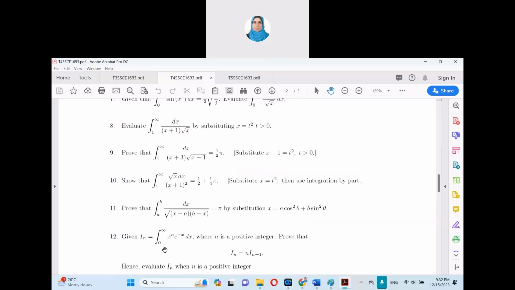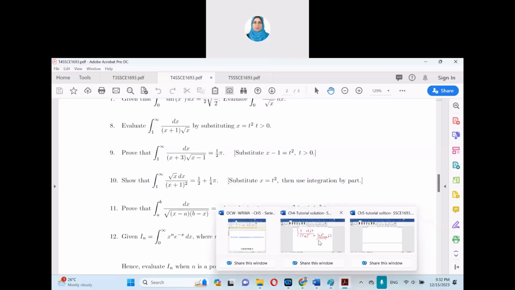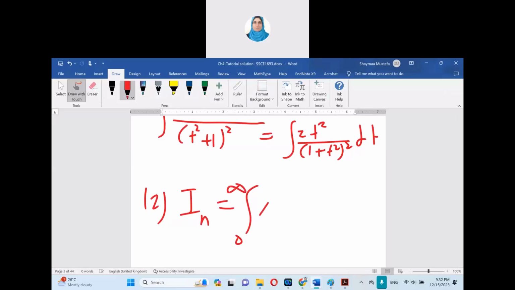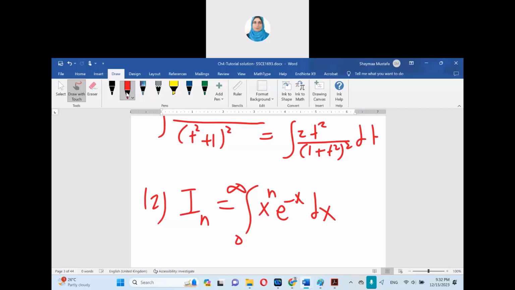If I choose question 12 to solve, we have In equal to the integral from 0 to infinity of x to the power n e minus x dx, and you need to prove that In is equal to n I(n minus 1).